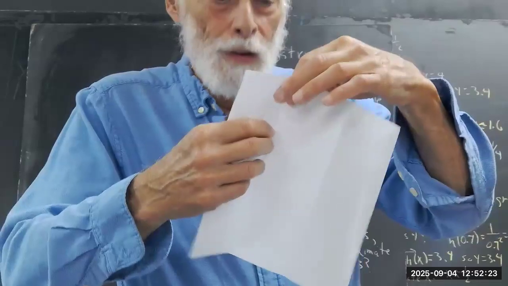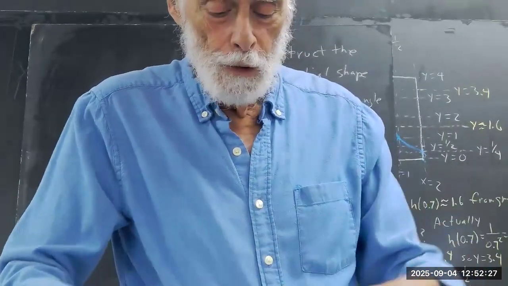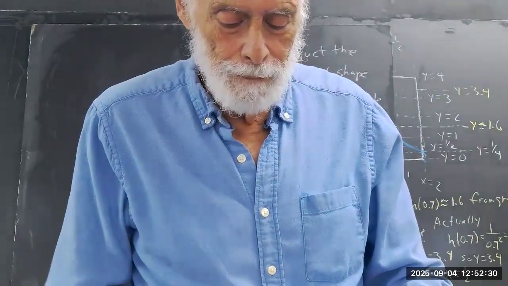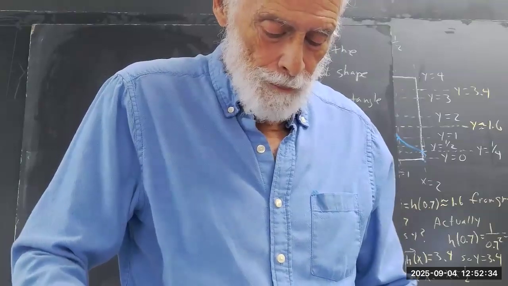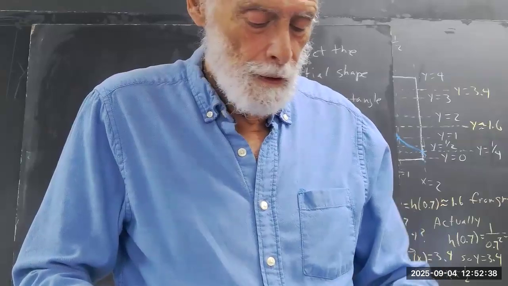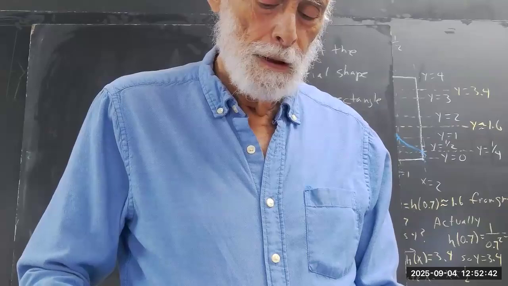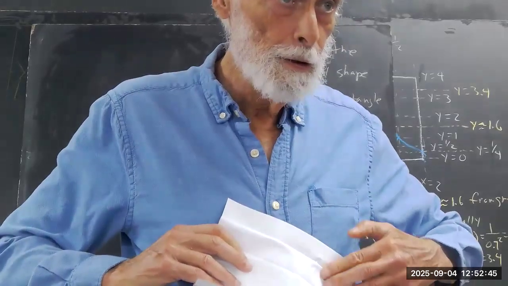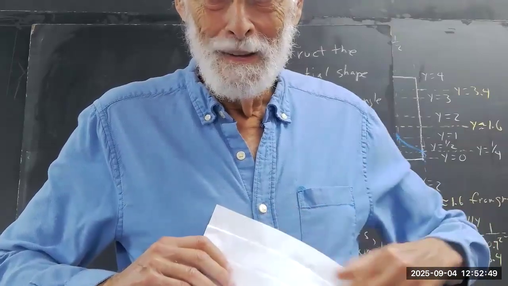So I take this crease and fold it over to the middle, which is a little tough to do. It'd be easier if I had a table in front of me. But with my incredible dexterity, I think I managed it. Okay.